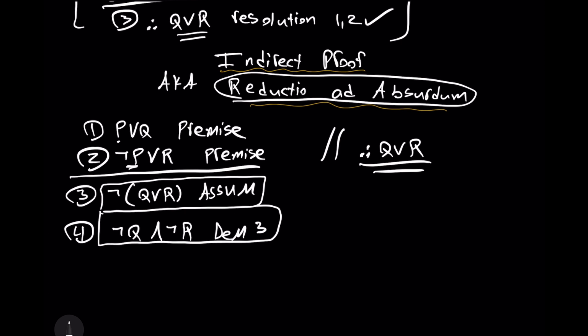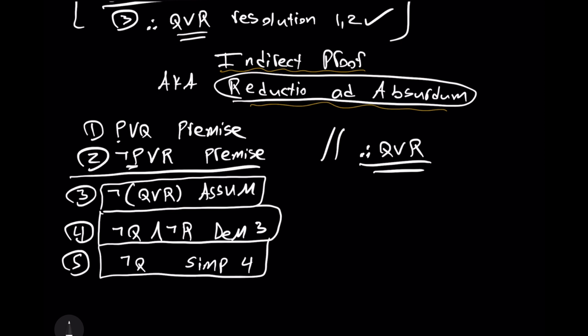So we have this not Q here, right? So let's get that by itself, and then we can get a P from line 1, because we'll have a disjunctive syllogism. So for line 5, right now we'll just say not Q by the simplification of line 4.